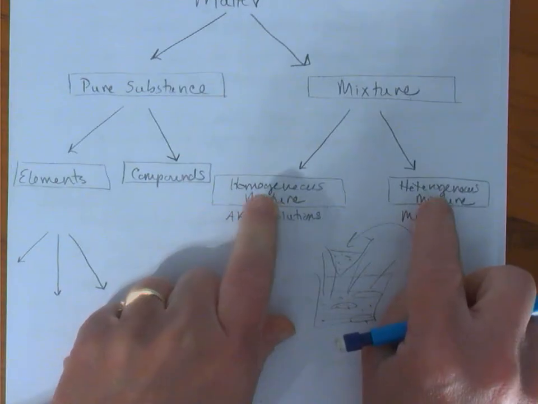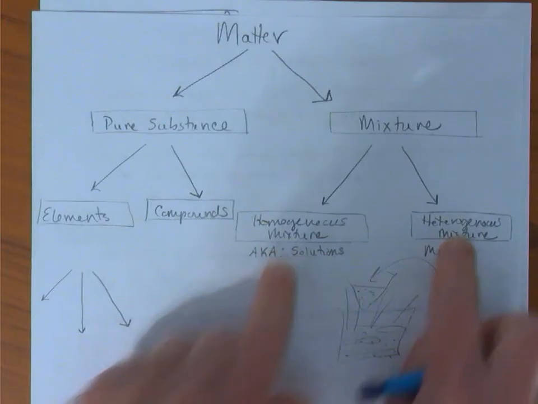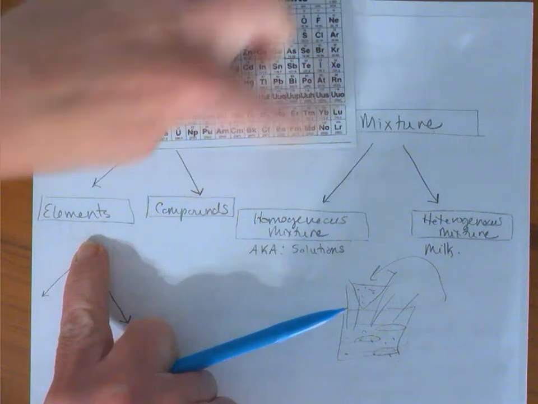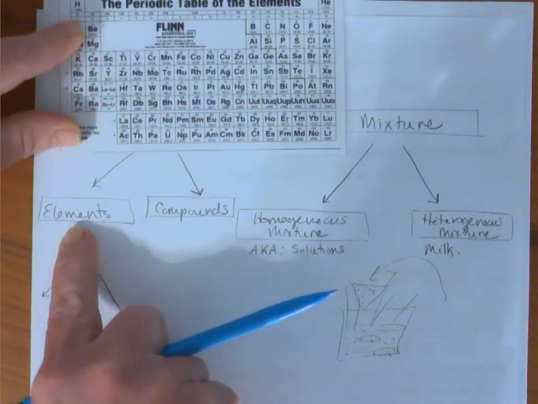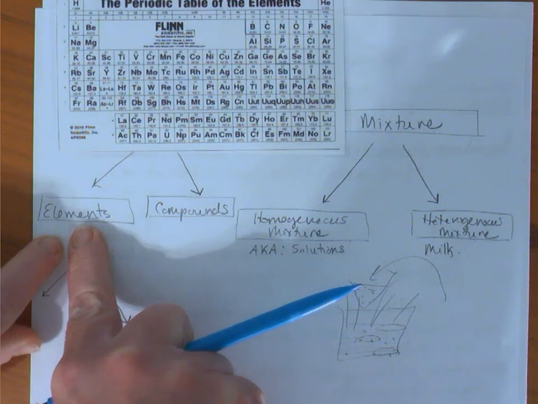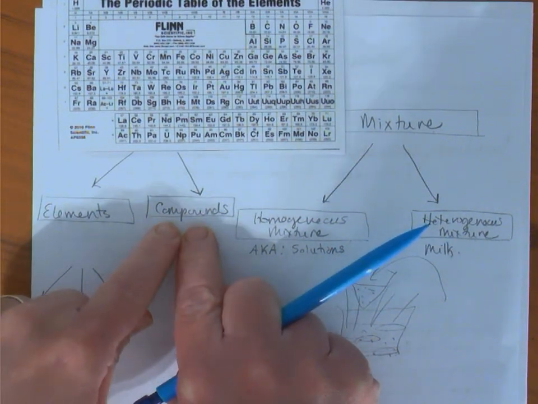Then, okay, is the composition consistent or not? And then, okay, can I find an element on the periodic table, or can I not separate it chemically? And then moving on to compounds, can I separate it physically?